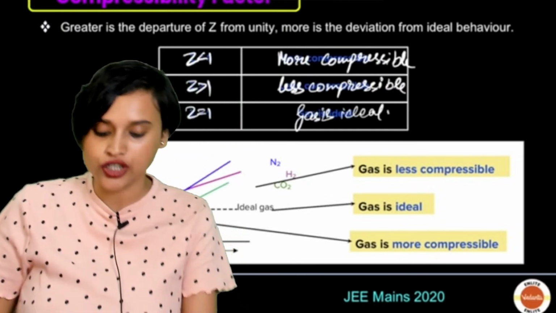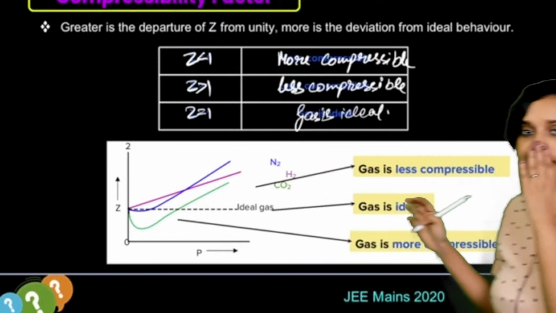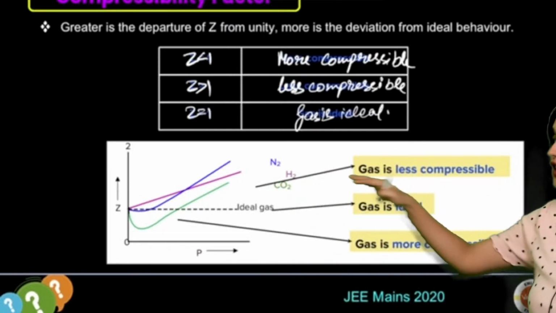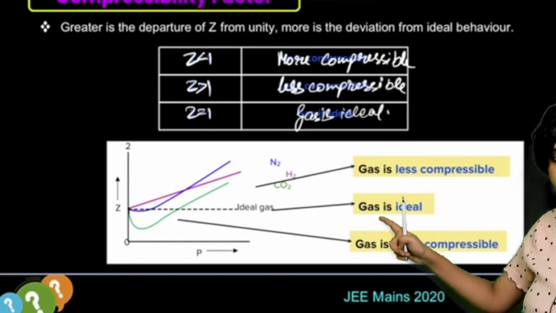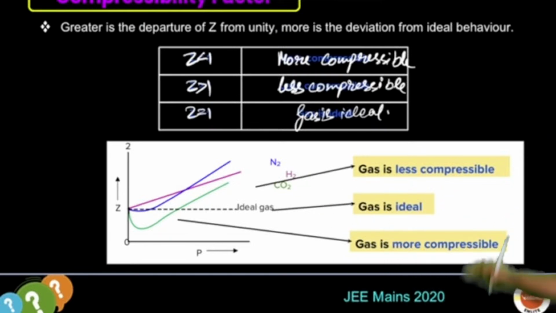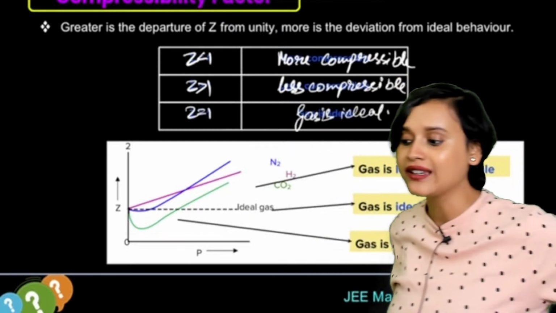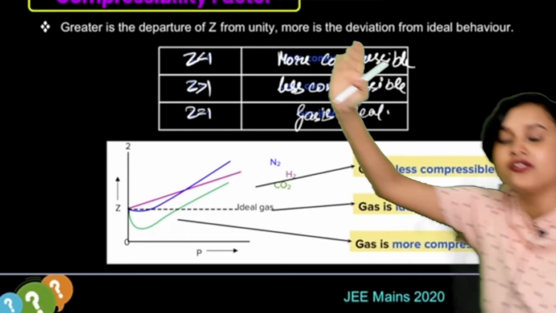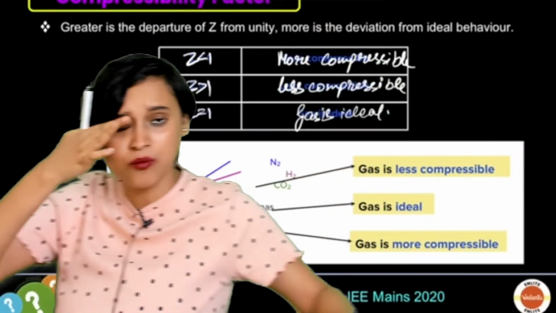Understood? So from here you can clearly see, right? Look at the graph. The straight line parallel to the x-axis is your ideal gas, in which Z is equal to 1. If it is going up, that means that the gas is less compressible. And if it is negatively deviating, that means that the gas is more compressible.